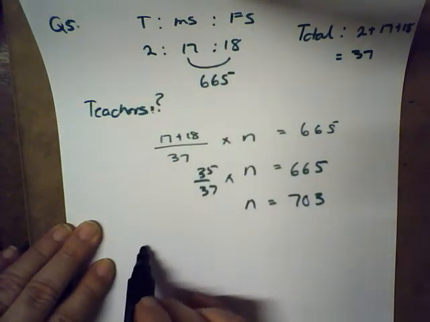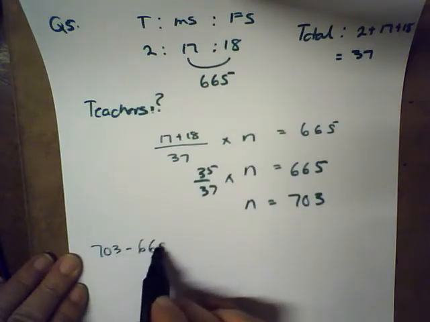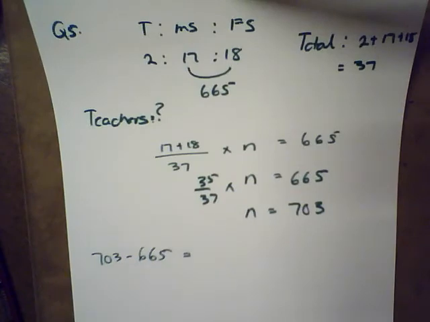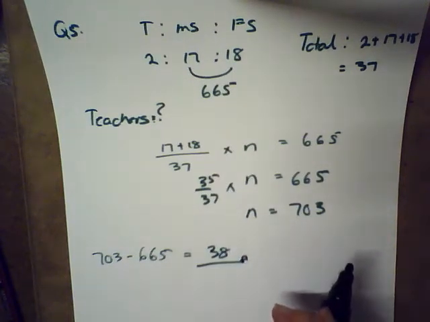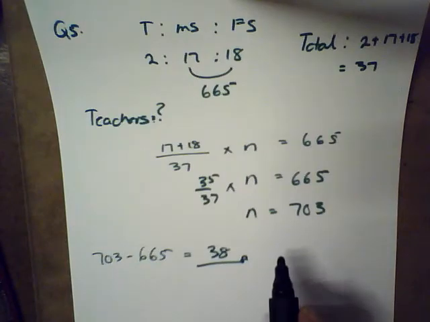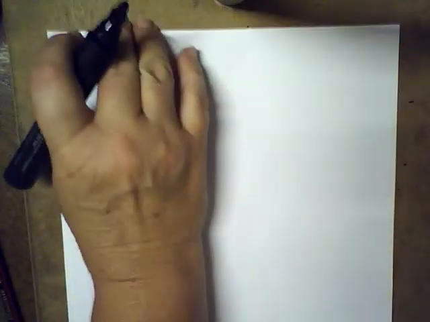So 703 minus 665, and that should give us the teachers. 38. Okay, so there were 38 teachers working at the school. Okay, question 6. Let's go on.